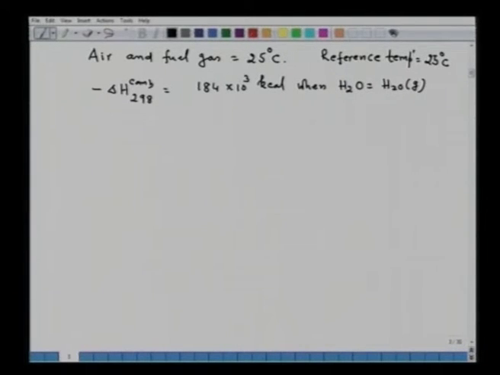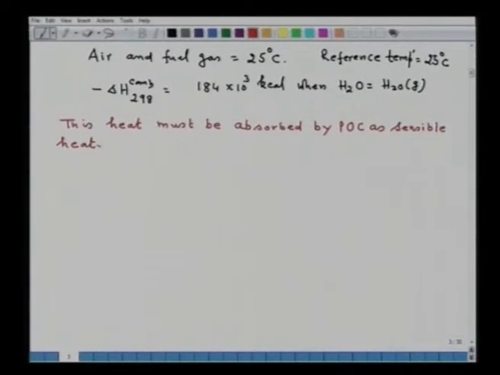So now this heat which we have calculated must be absorbed by products of combustion as sensible heat.